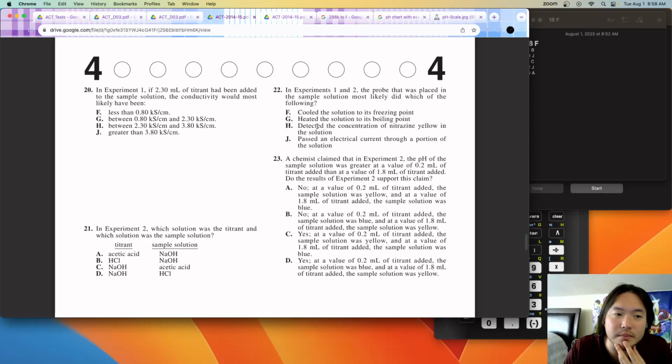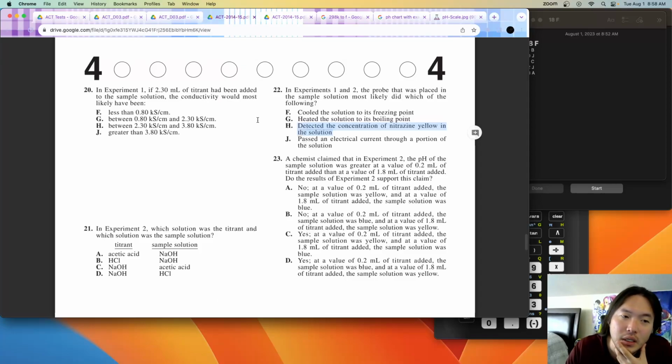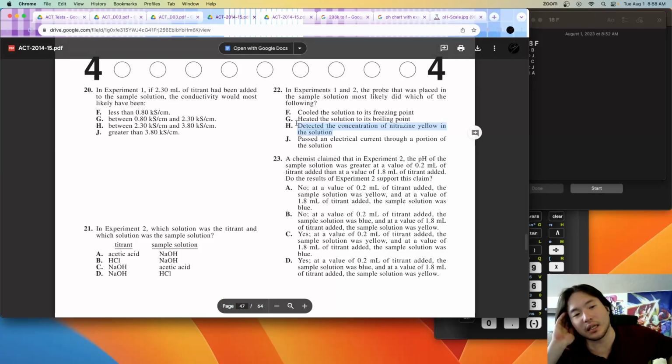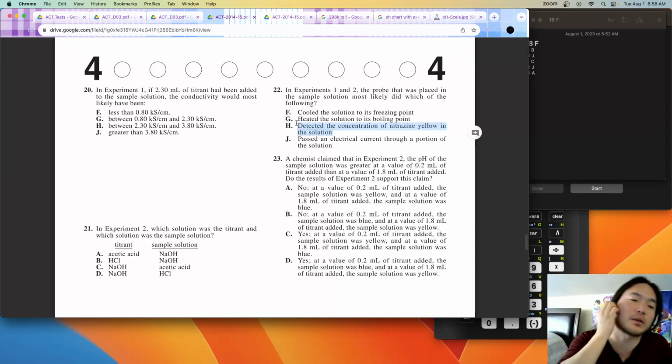This is also a very strange thing to say, to detect the concentration of nitrazine yellow. Generally, an electronic probe is not capable of this type of behavior. Maybe there are some very sophisticated technologies that I haven't seen yet, maybe NASA or the US military has something like this, but I've never seen anything where you can just put a machine into a liquid and suddenly it tells you the concentration of the material.